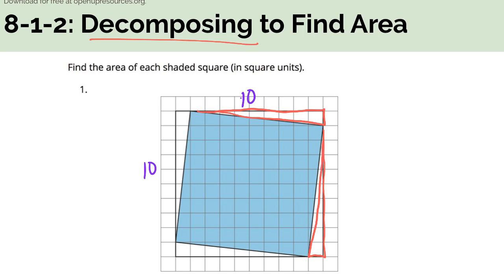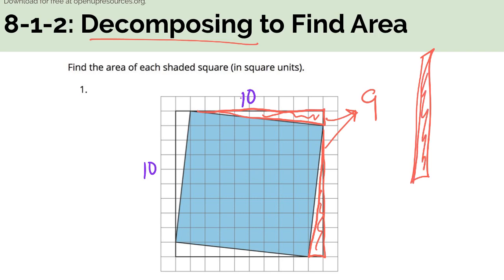So these two triangles, I notice have a length of 9, and so if I put these two together, they would have an area of 9. Again, you have to visualize. If I put them together, it would look like this, with one triangle here, the other one over here, and in all it would have an area of 9.